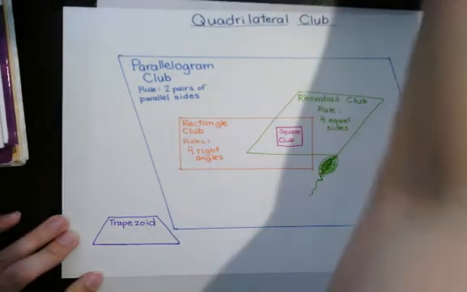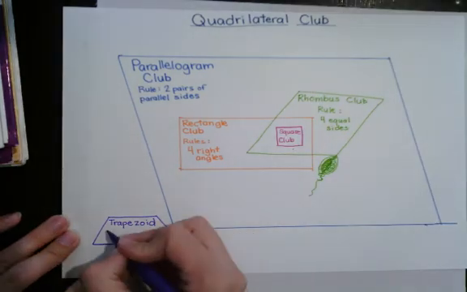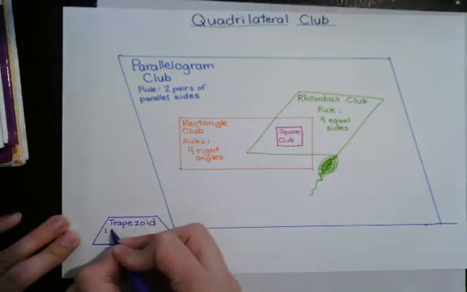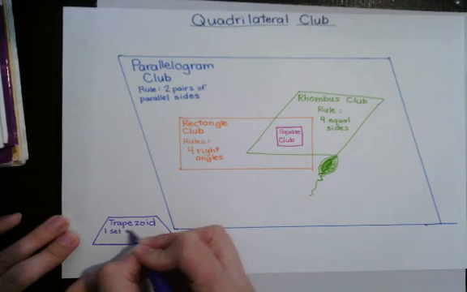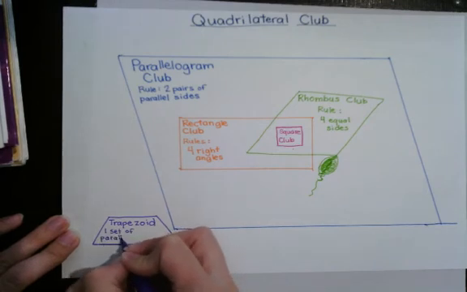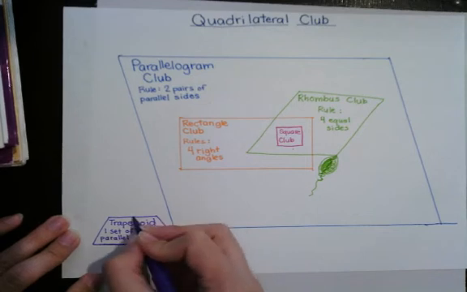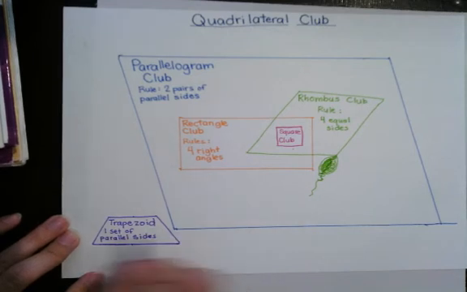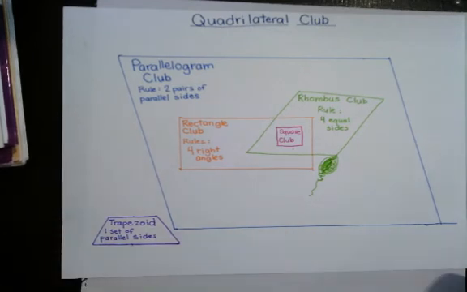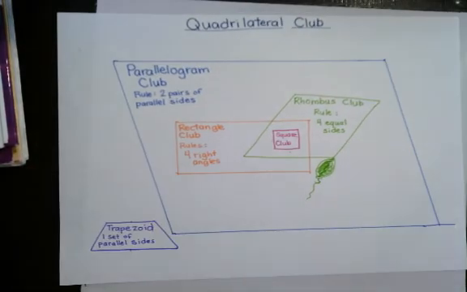And a trapezoid, to be able to hang out with the bouncers outside, has to have 1 set of parallel sides. So you can see this side and this side are parallel to each other, but these aren't. So that's a trapezoid. Use this to help you as you start answering those questions.